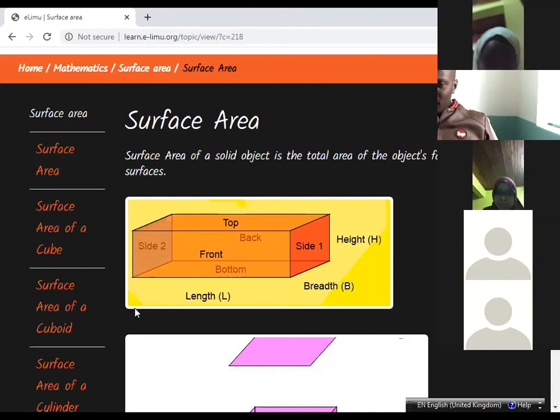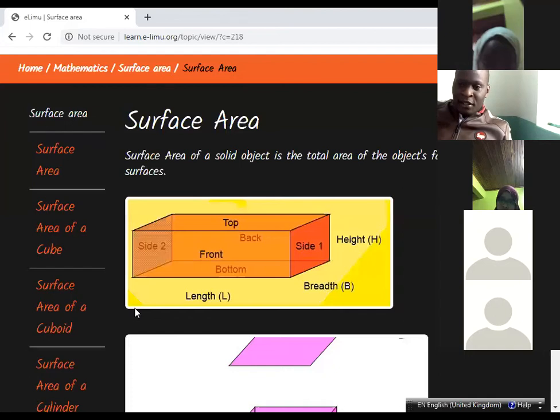Now, what is the length for the front? Sumaya? The length for the front is 8 centimeters, while the width for the front is 5 centimeters. Not 5, 10 centimeters. The length, 8 centimeters.